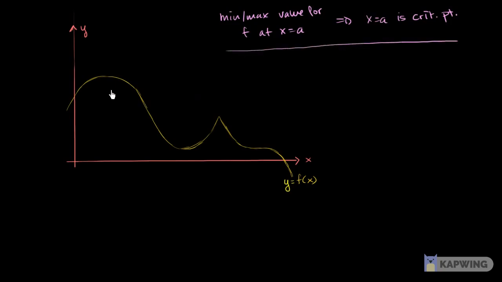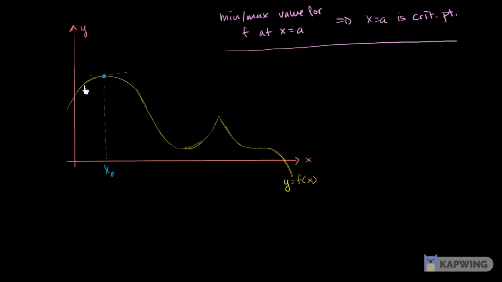So let's look at what we saw in the last video. We saw that this point right over here is where the function takes on a maximum value. This critical point in particular was x naught. What made it a critical point was that the derivative is 0. You have a critical point where either the derivative is 0 or the derivative is undefined. Let's explore what the derivative is doing as we approach that point.